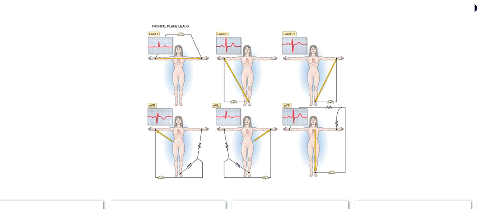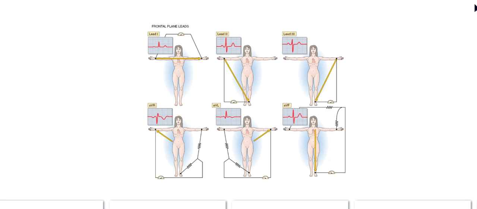These are the angles that we're looking at, and how do you see the same signal being read at each one of these leads? When you have a major positive deflection, that means that the lead is measuring the same direction that the actual current is flowing.